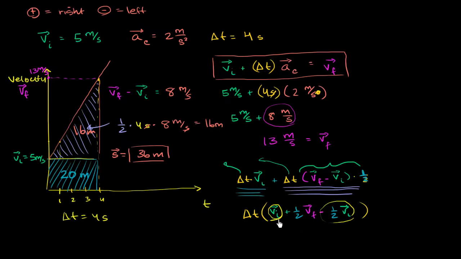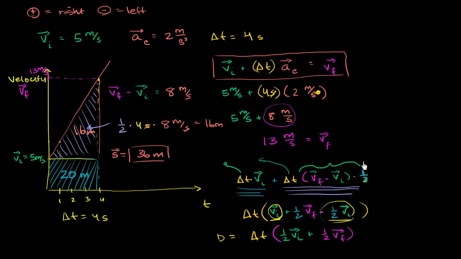So these two terms will simplify to 1/2 the initial velocity, plus 1/2 the final velocity. And all of that is being multiplied by our change in time, or the time that has gone by. And this tells us the distance that we traveled.